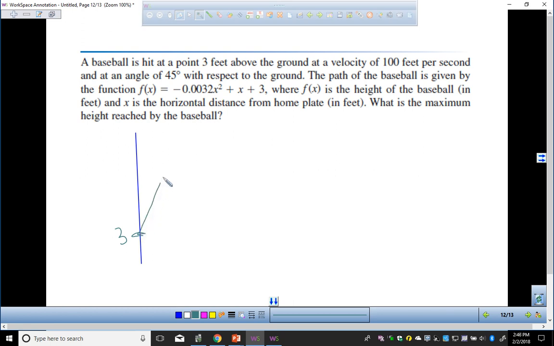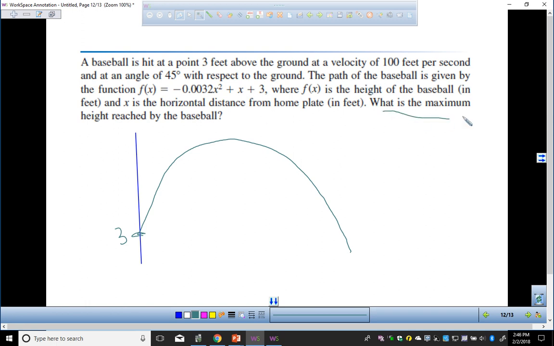So 32 feet per second. It is 32 feet per second, right? So this is like negative. The ball is being launched up this way, so it's got an initial velocity of 100 feet per second. So somehow that's factored in here, and 3 is the initial height. You don't need to know all that at this point. All you need to know is the path of the baseball is given by the function.